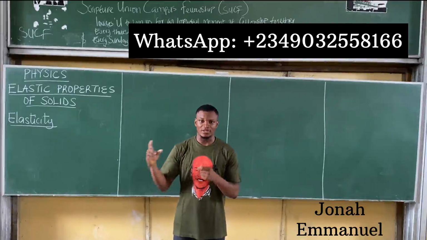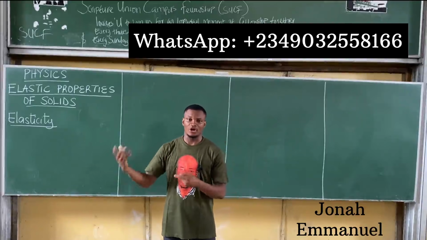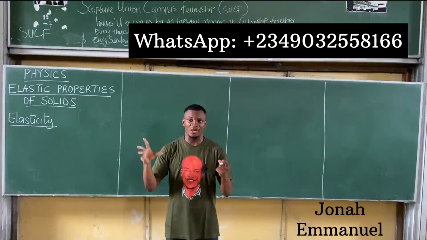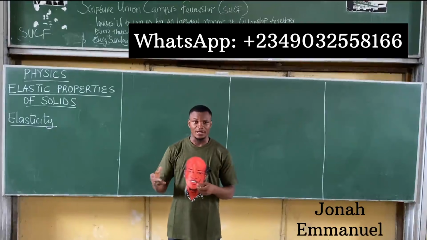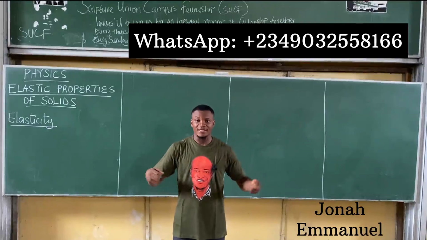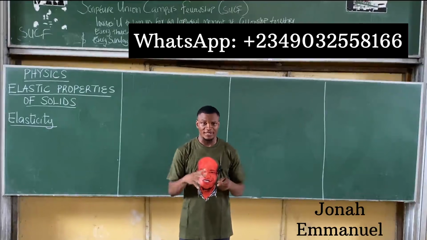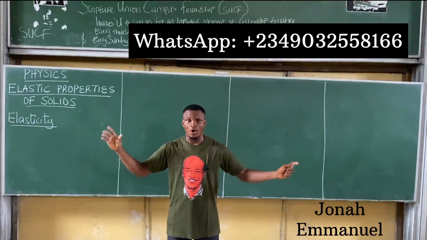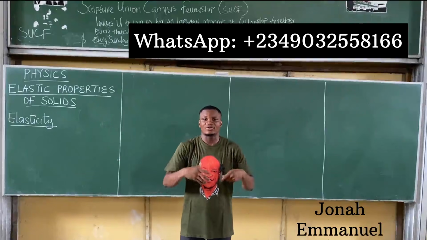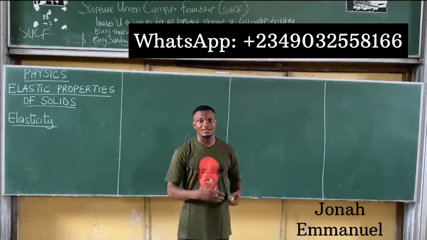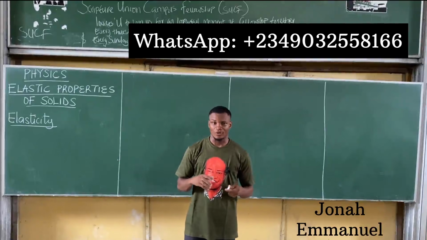So when you distort a solid object, you're simply changing the shape or the size of that solid. It's either you're increasing the shape or size of the solid or you're reducing it. So when you increase the length or reduce the length of a particular solid, we can say you distorted that solid. That's the meaning of the word distort.